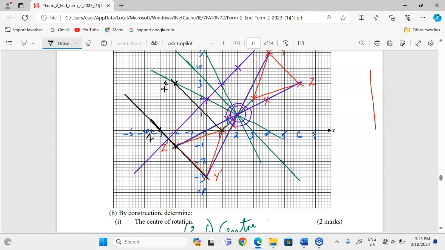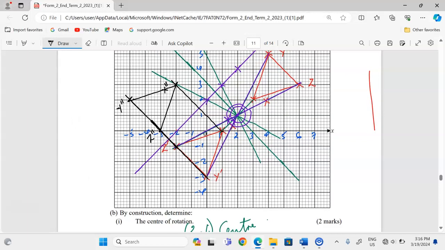So this is where, if you move an equal distance, you discover that Y double prime will be found at that point. And now we have to connect. This is now the triangle, the second image. So that is where it is.